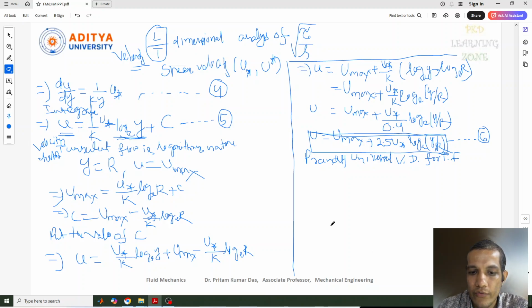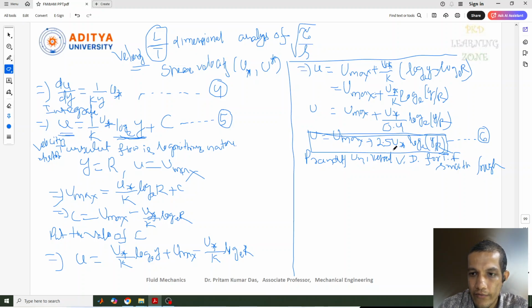Now if you want to mention that it is applicable for the smooth flow as well as the other flow, not possible. This is only applicable for the smooth flow. Similarly, rough flow also you can use, but this can be written in terms of, you know, that this is for smooth as well as rough flow.